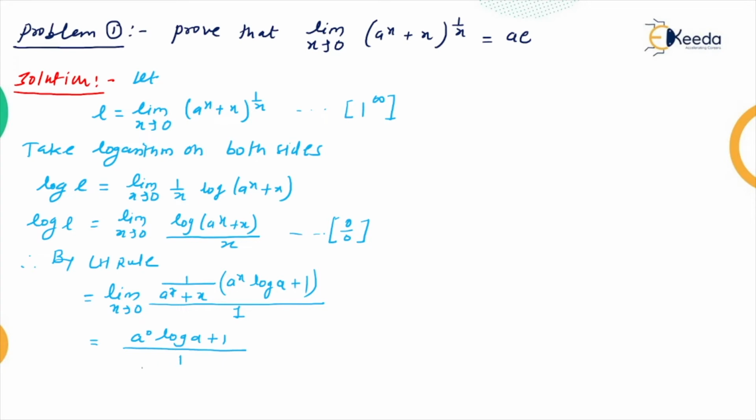So what will be your final answer? Instead of log a, I am writing log to the base e of a plus, instead of 1 we can write log to the base e of e.